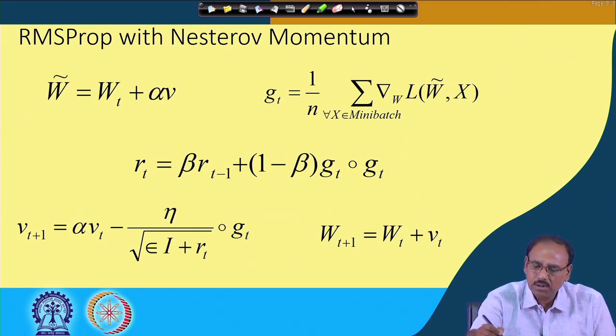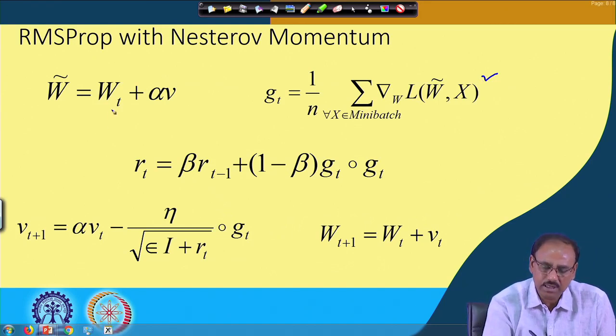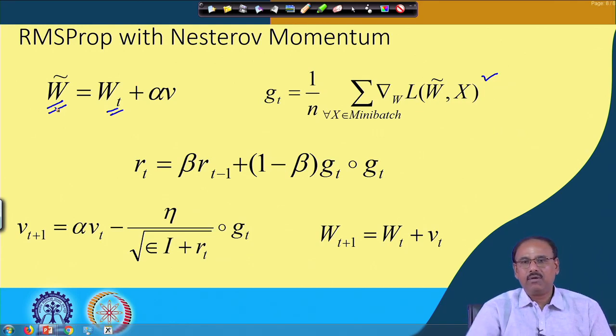So, if I take the gradient at location W tilde, which is the look ahead position, the rest of the algorithm remains the same.